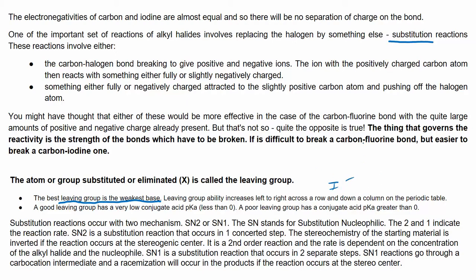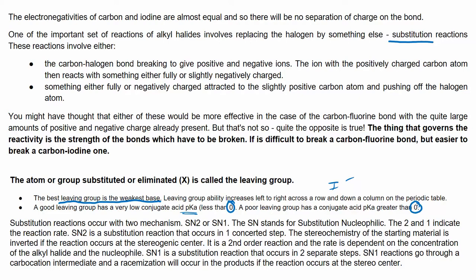Now, when you're looking at the pKa of things, a good leaving group is going to have a very low conjugate acid pKa. So something less than 1. Less than 0 is a little bit of a misnomer. So a poor leaving group has a conjugate acid pKa that is greater than 1. Those should be 1s, not 0s.